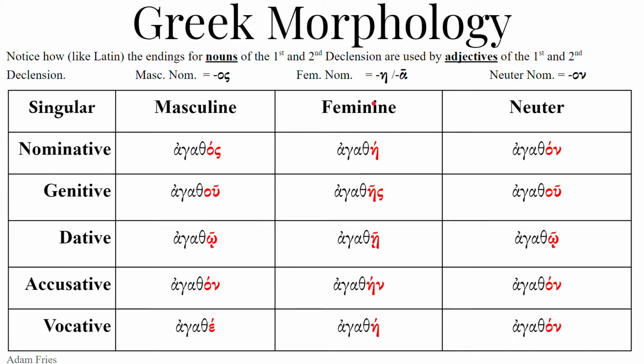If the stem of the adjective ends in either a vowel or rho, then you'll have the long alpha. And the long alpha, of course, because it's the ultima, can affect the accent. Speaking of accent, many of these adjectives, not all, but many of them are oxytones. That is, they do accent the ultima with an acute.